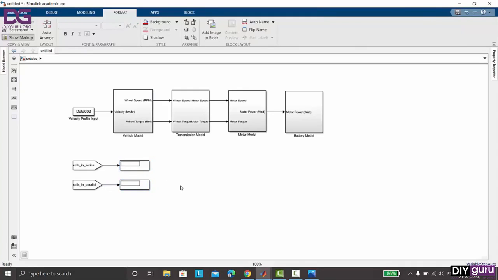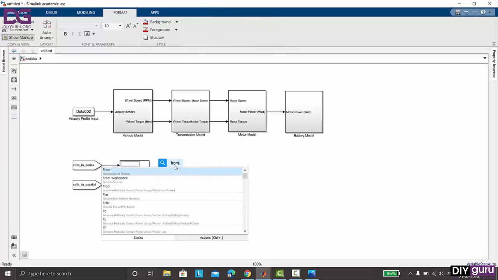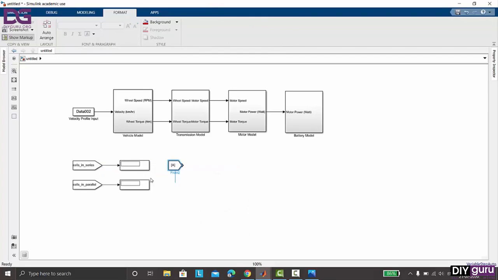Now to visualize the forces acting on the vehicle, insert the from block. As there are 4 forces, just copy the from block and name it as acceleration force.